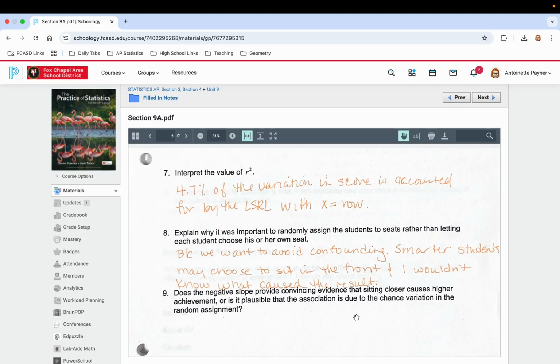All right, what this whole unit is about is figuring out if what happens in the sample would actually also happen in the population. It says, does the negative slope provide convincing evidence that sitting closer causes higher achievement? Or is it plausible that the association is due to the chance variation in random assignment?